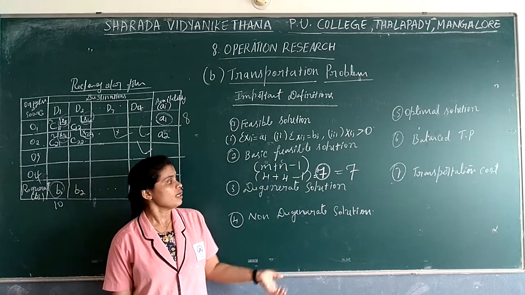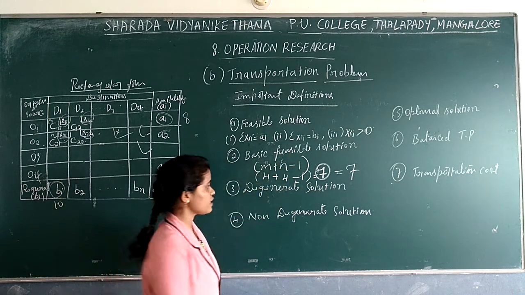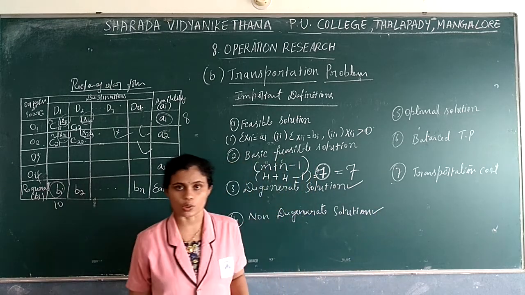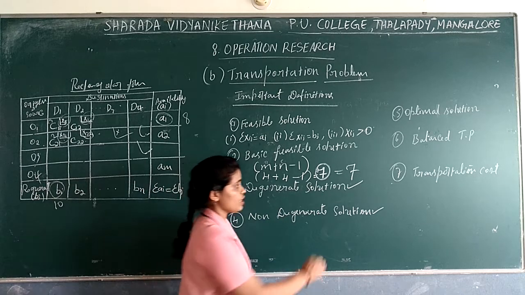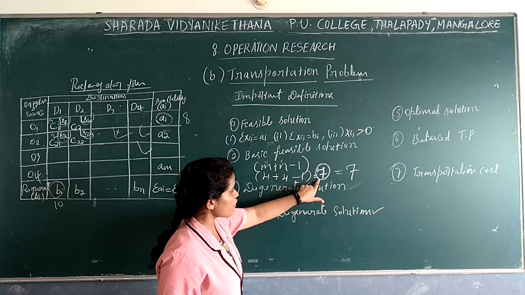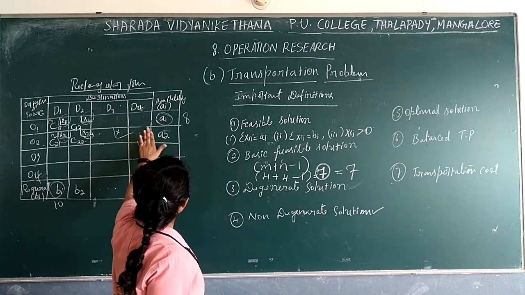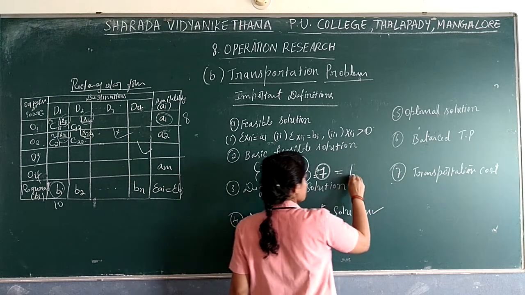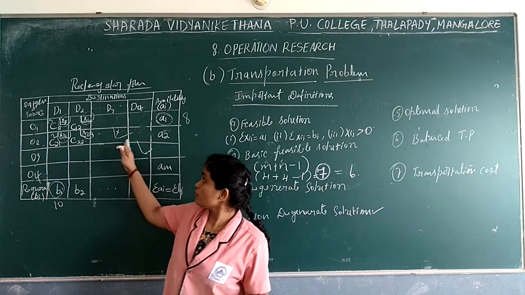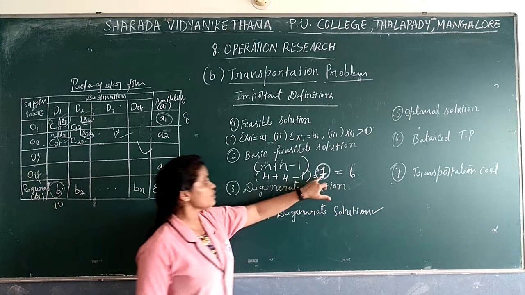Then coming to the next one, based on this only we generate two kinds of solution: one is degenerate solution and one more is non-degenerate solution. Now what is degenerate solution? Here we have got m plus n minus 1 as 7, and for example the number of allocations is 6. Now it doesn't match. Allocations are less. Here we have allocated only 6, and from this rule we have got 7.